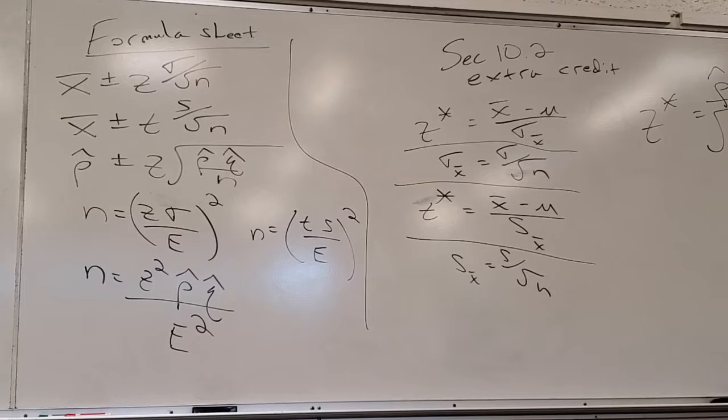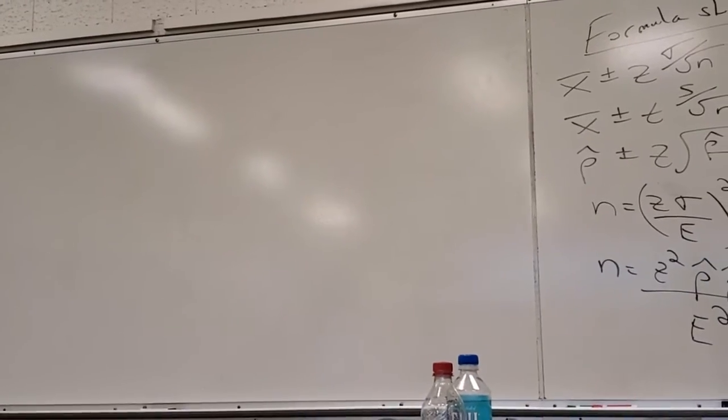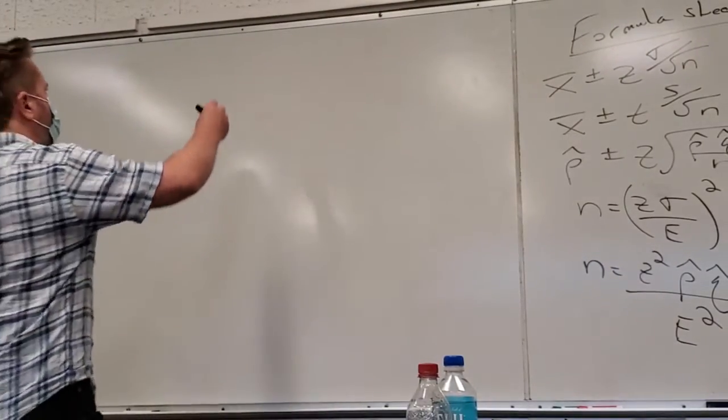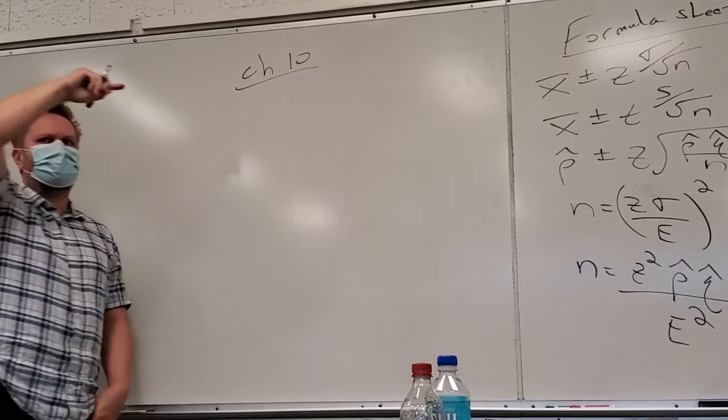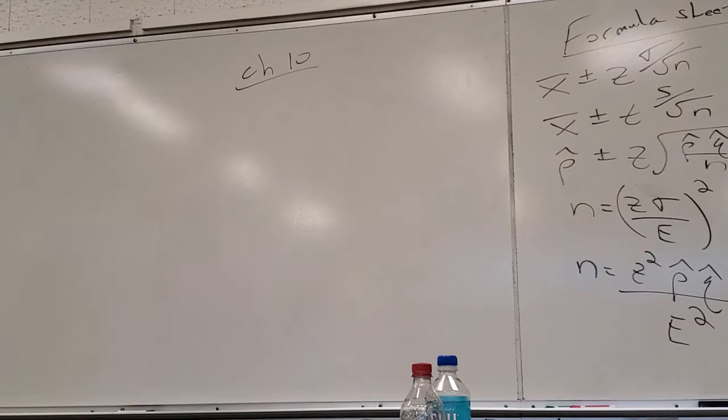Okay, let me talk just a little bit about chapter 10 in case anybody wants to look at that. Just real quick. What chapter 10 does is, for example, if I wanted to test a brand new drug like the vaccine.